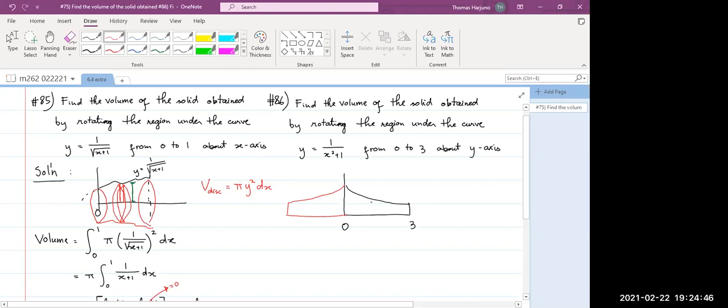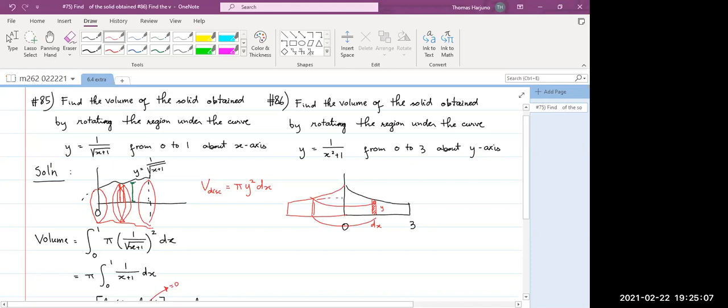If I take one strip from there, whose thickness is dx and height is y, and rotate this way, I get the shell, right?